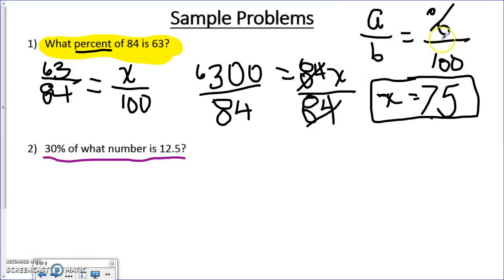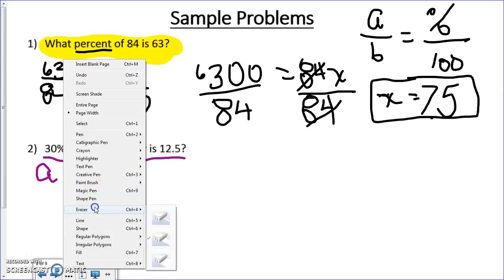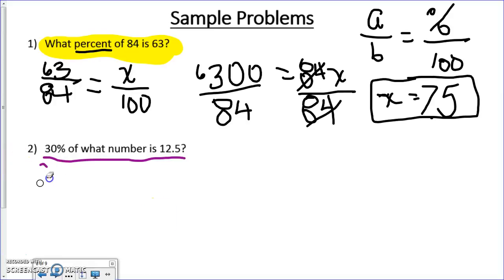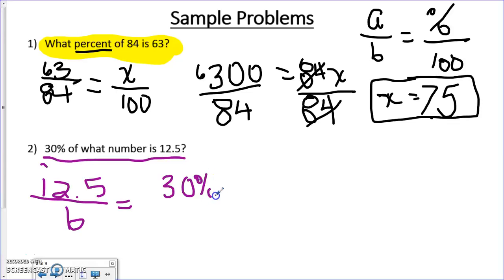So again, if you like the proportion, this works with every single problem and makes it very clear. Actually, we're looking for B, so we're not going to write A. Going to write 12.5 over B equals 30% over 100.